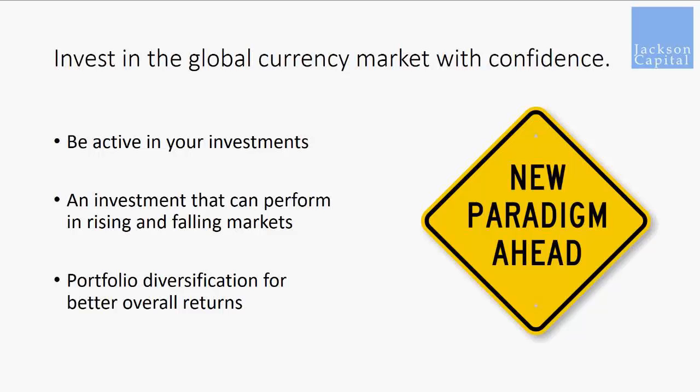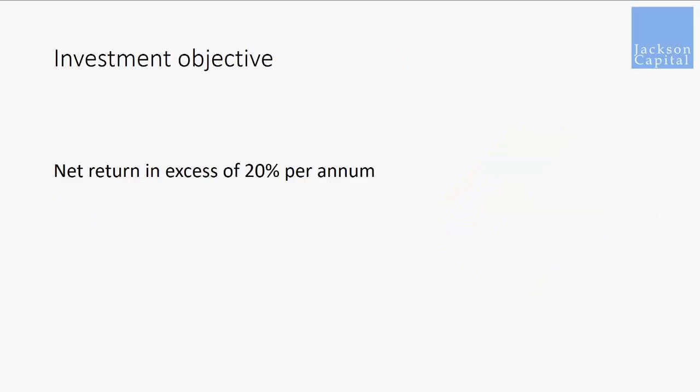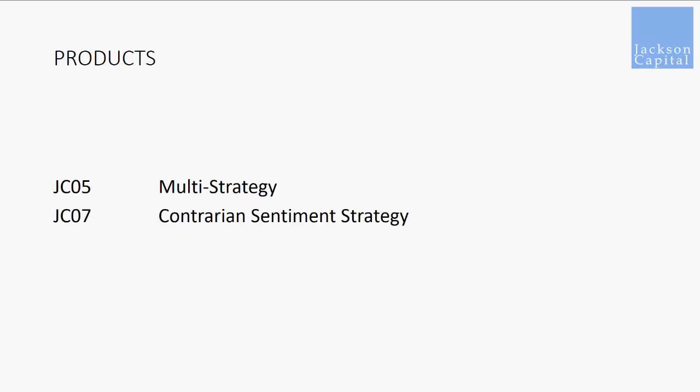Okay, we recommend 5 to 10% of your portfolio allocated to this Jackson Capital MDA. Our target is net return in excess of 20% per annum, which we have achieved on average. Although of course there are no assurances that the MDA will meet the objective, you can see from our past history that we have.